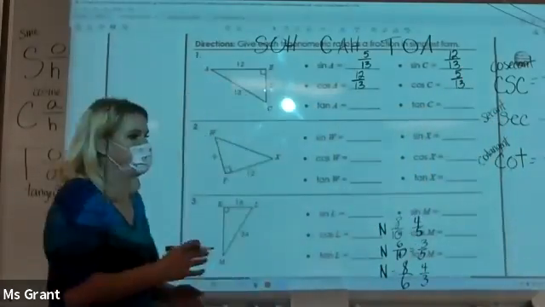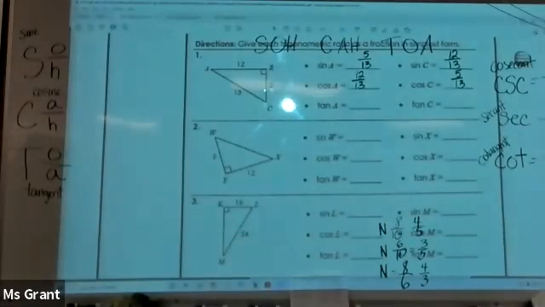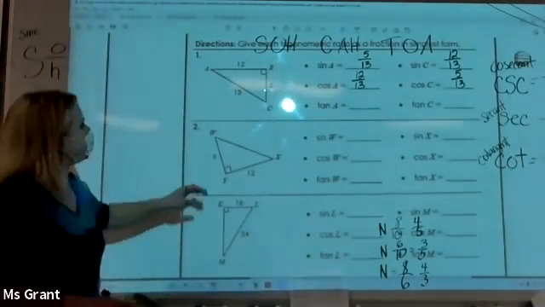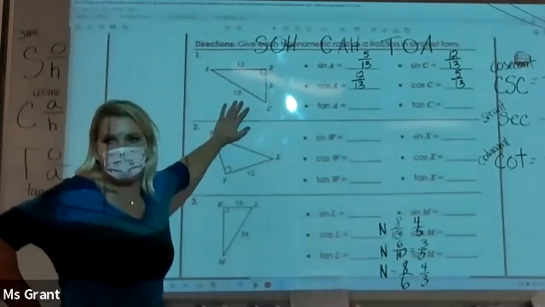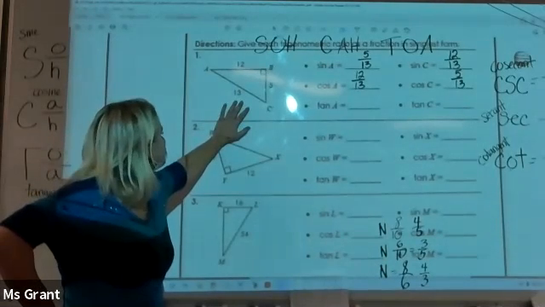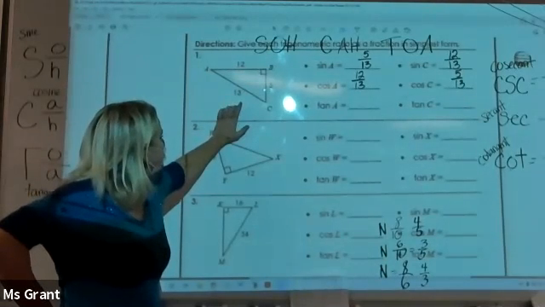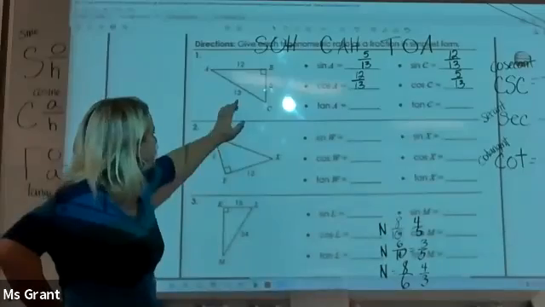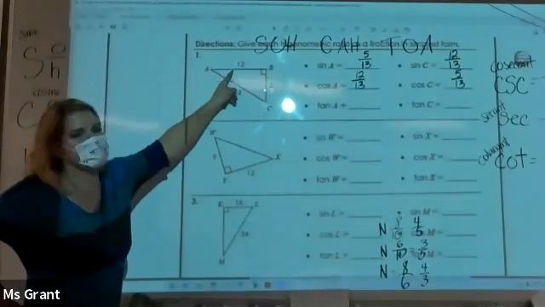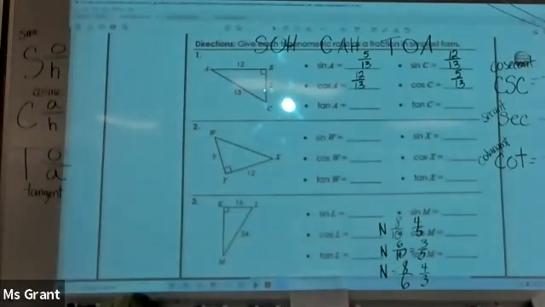So we did sine, we did cosine. Let's do tangents. Opposite over adjacent of angle A. Opposite 5 over 12. 5 over 12.